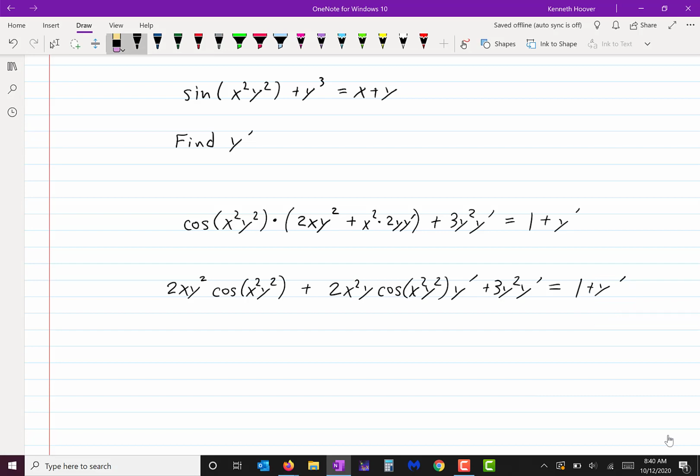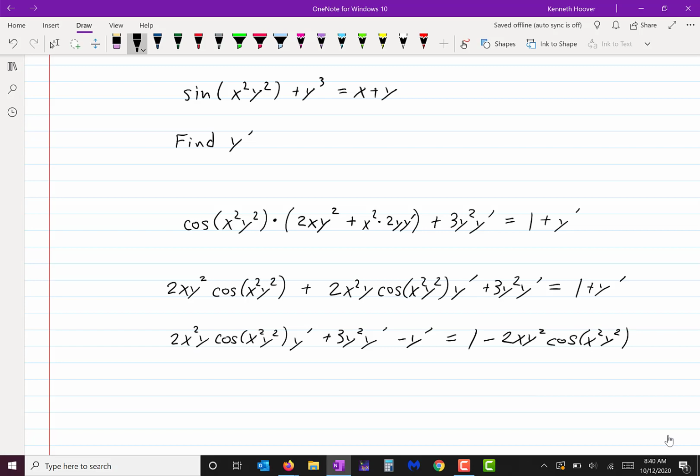So we will end up then with 2x squared y cosine of x squared y squared times y prime plus 3y squared times y prime minus y prime, which we brought over from the right hand side, and then that's going to equal 1 minus 2xy squared cosine of x squared y squared, and that is what we brought over from the left.